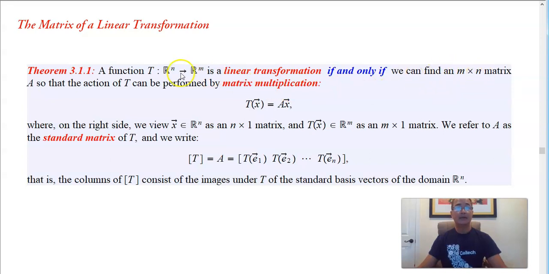All right, so n is first here, m is second, but when we put together the matrix, they switch. So it's an m by n matrix. So let's think about our example. We went from R3 to R2, x, y, z transformed into a vector with only two components. And the matrix that we got is 2 by 3, not 3 by 2.